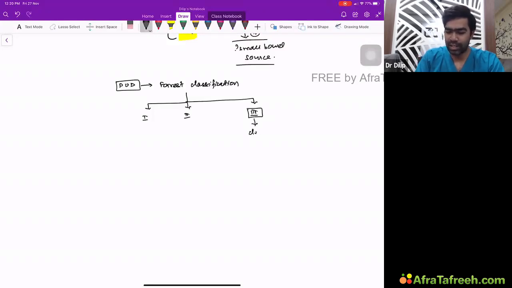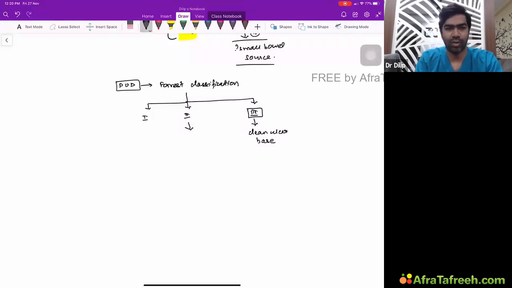This is the cleanest ulcer base, which means it's unlikely to be a source of bleeding. There is an ulcer, but there is no evidence of bleeding as per the endoscopy. That is called a clean ulcer base. Then we have grade 2.